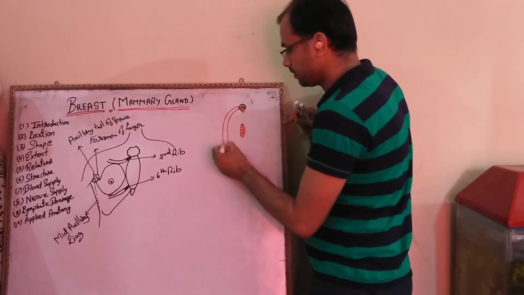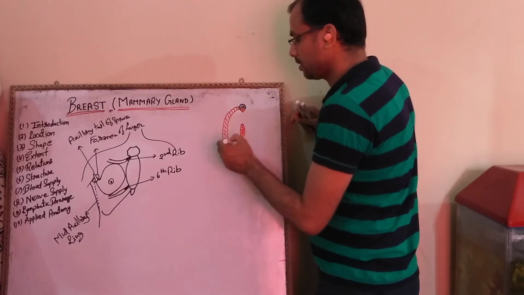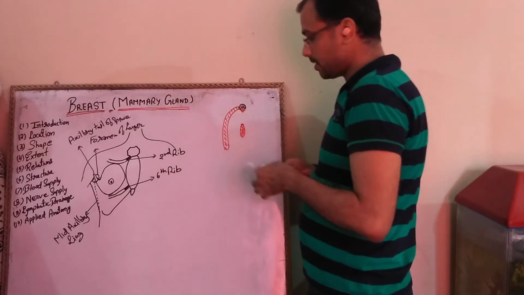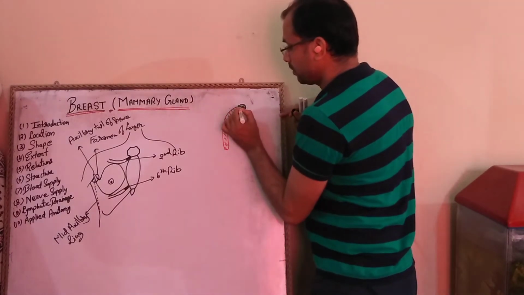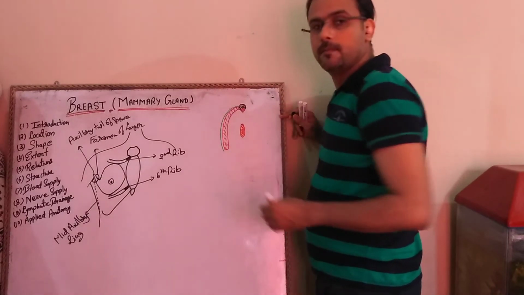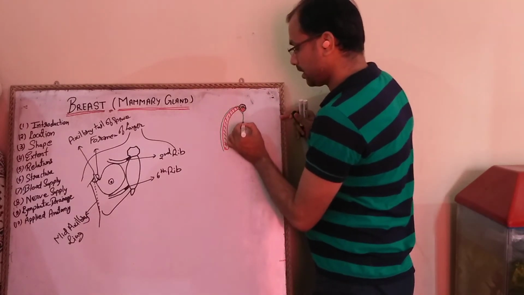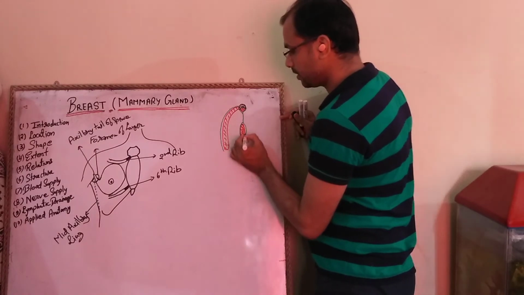This is the pectoralis major muscle. Over the pectoralis major, this is the pectoral fascia. This one is the clavipectoral fascia.